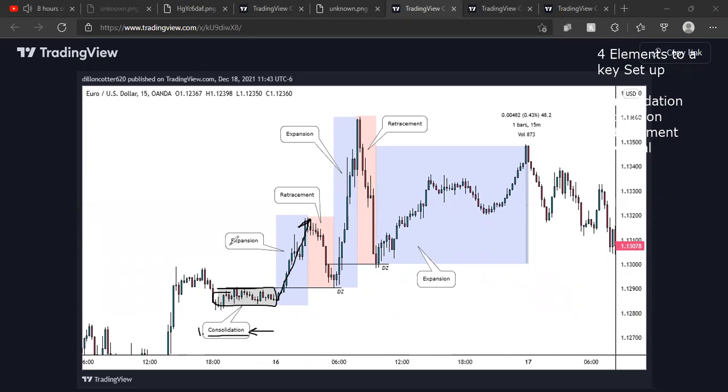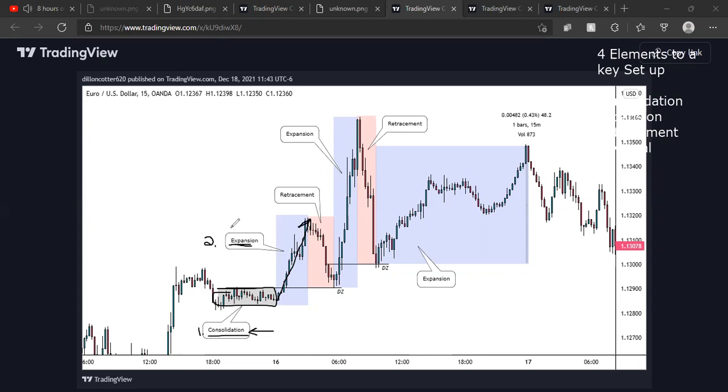So price shoots to the upside, giving us an expansion. So number one was consolidation. Number two was expansion, right? And where was the last area of selling or consolidation before the expansion? Right here, this gray shaded area. So we have 1, 2.